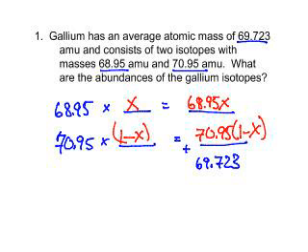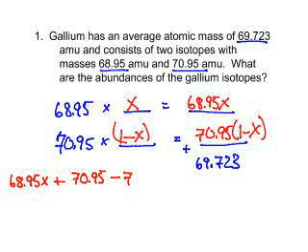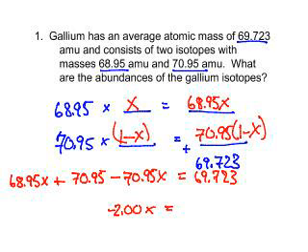Now we simply need to solve for x. So you get 68.95x plus 70.95 minus 70.95x is equal to 69.723. You subtract appropriate sides, and you get negative 2.00x is equal to negative 1.227.